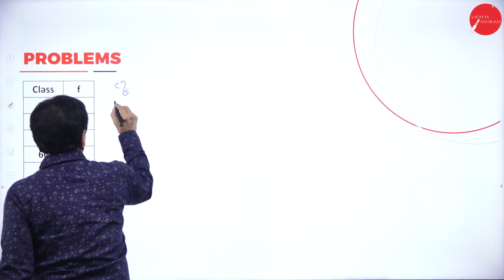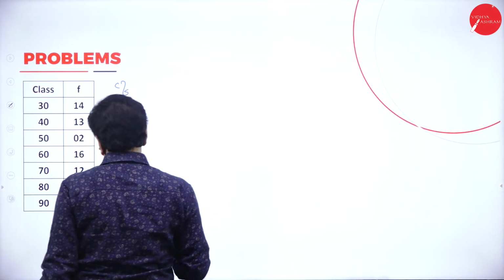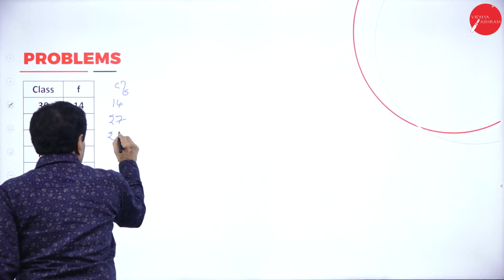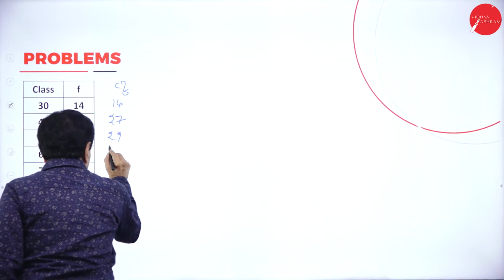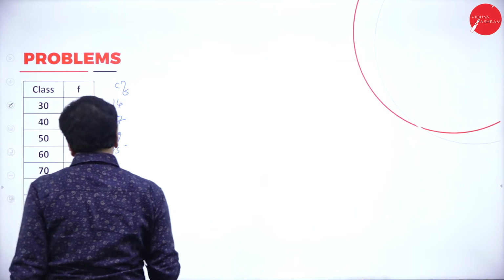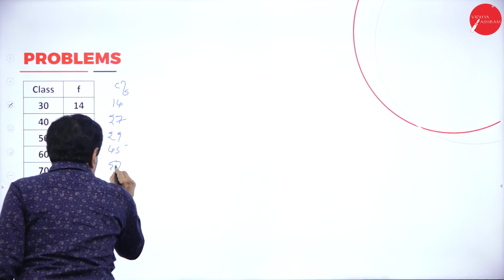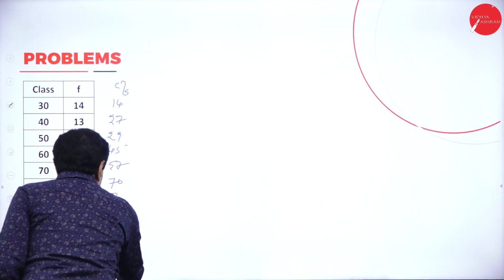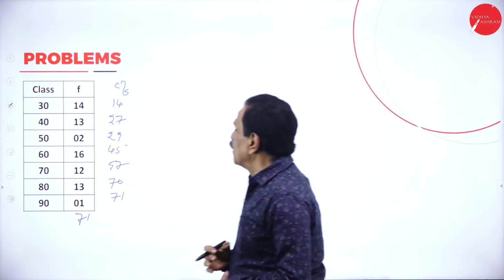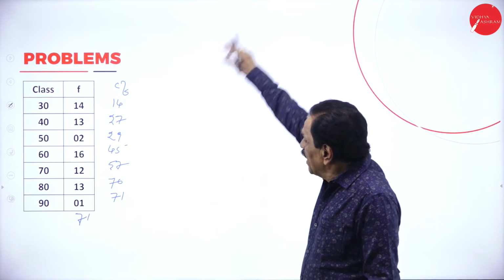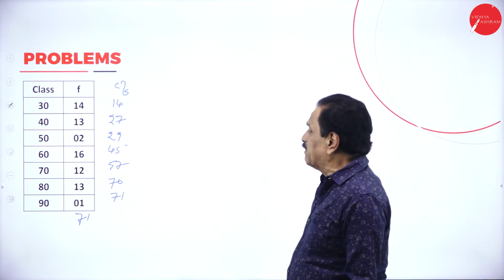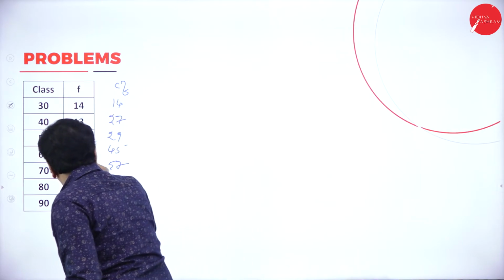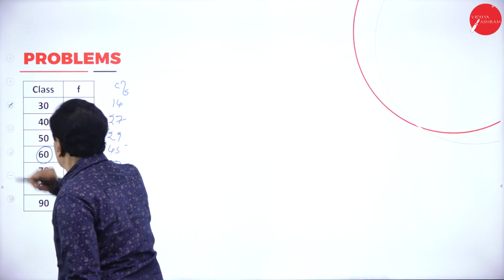Make the CF: 14 plus 13 is 27, plus 2 is 29, plus 16 is 45, 12 is 57, 13 is 70, 1 is 71. Then find out which is the highest frequency. The highest frequency is 16. For that, which is the value?